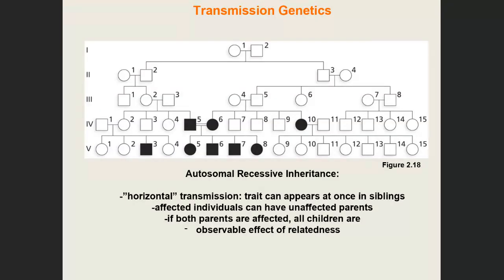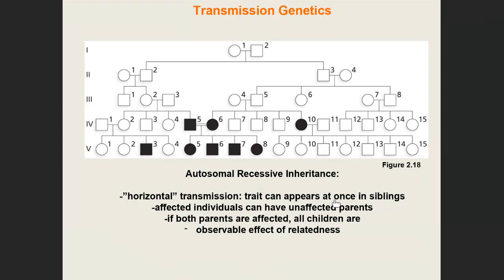Here's another case. You see, very different. You see that the trait can appear like this from unaffected parents. And this is called, in quotes, horizontal transmission. The trait can appear at once in a given generation, and it can appear among siblings.